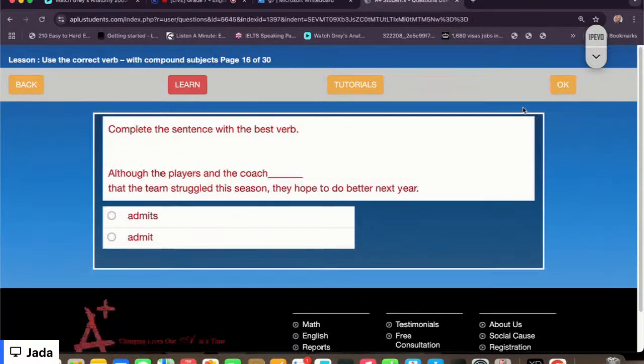Okay. All right. So we have although the players and the coach dash that the team struggled this season, they hope to do better next year.